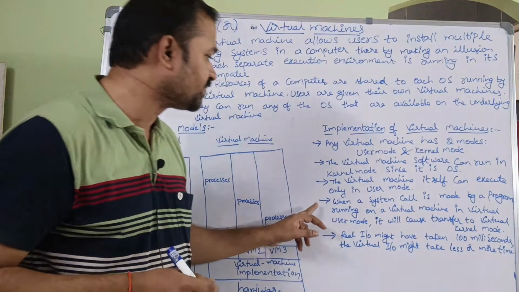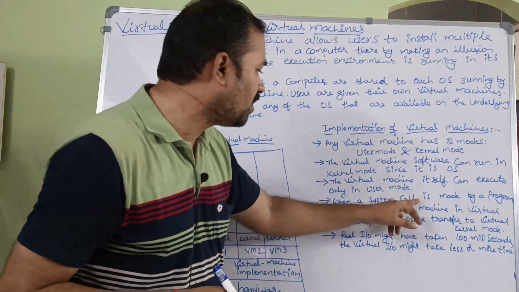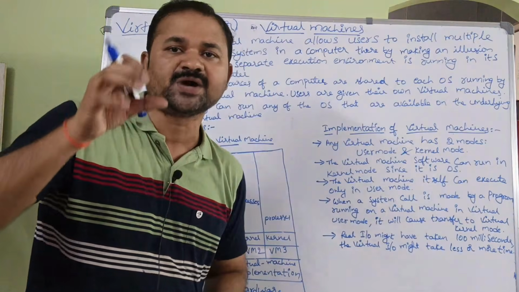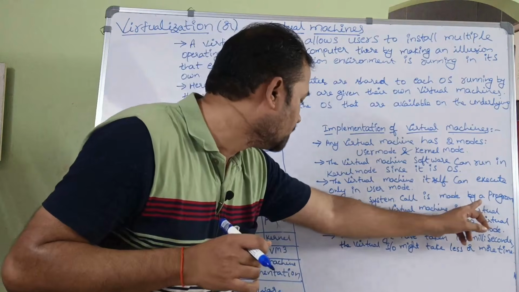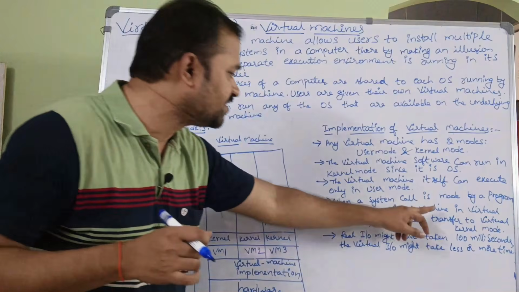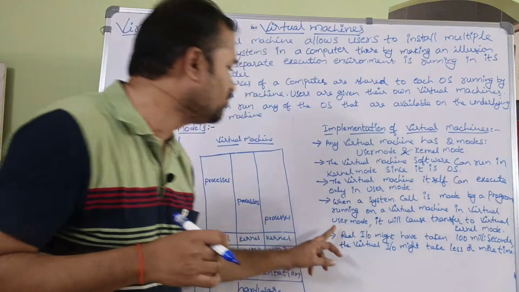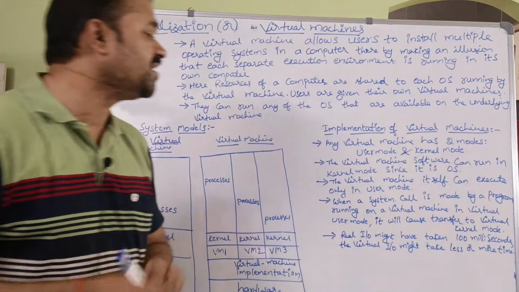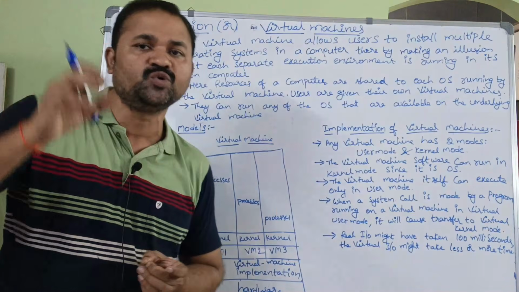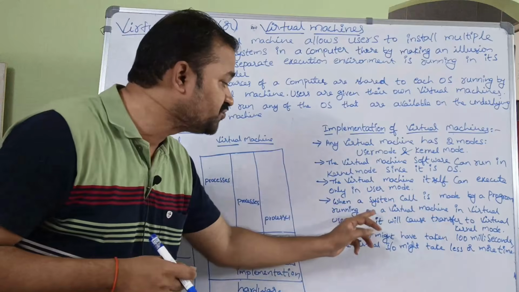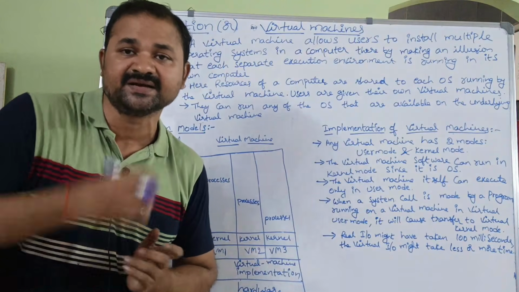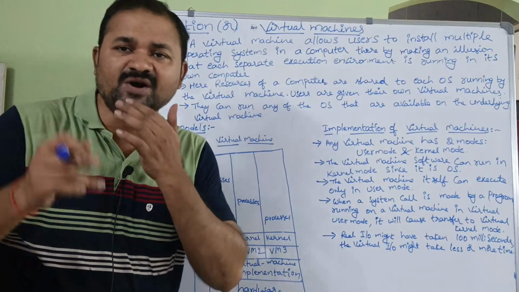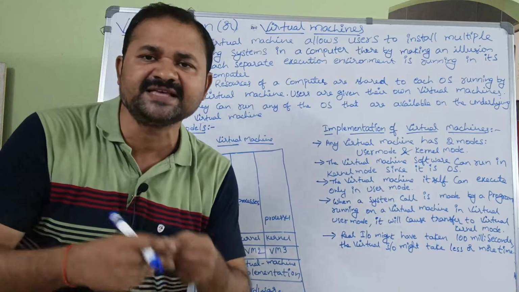Next point, when a system call is made by the program running on a virtual machine in virtual user mode, then it will cause a transfer to the virtual kernel mode. So if we execute a system call in virtual user mode, what will happen? Our control will be transferred to the kernel mode. Why? Because a system call is a privileged instruction.